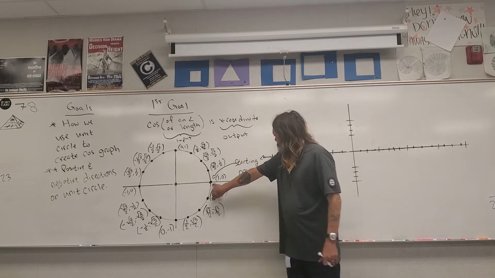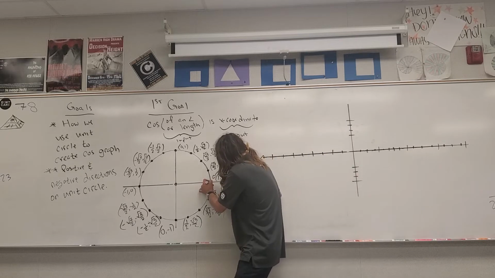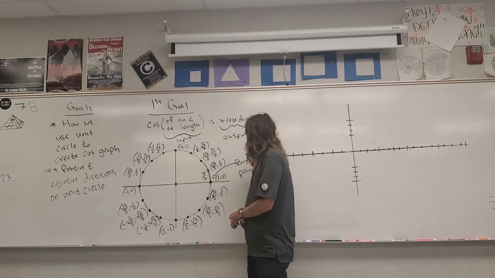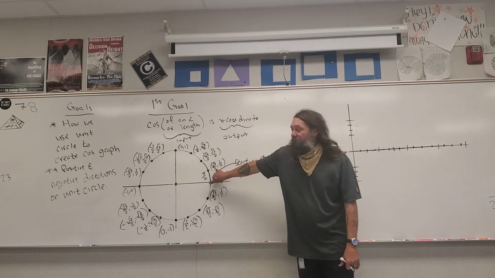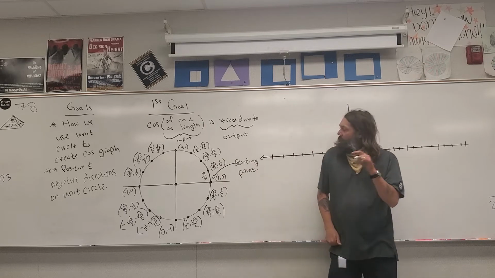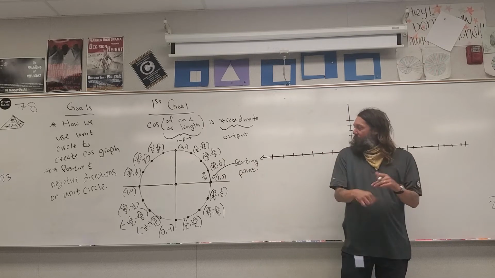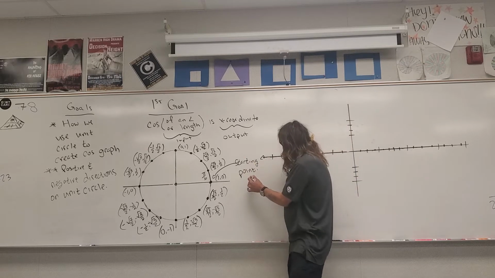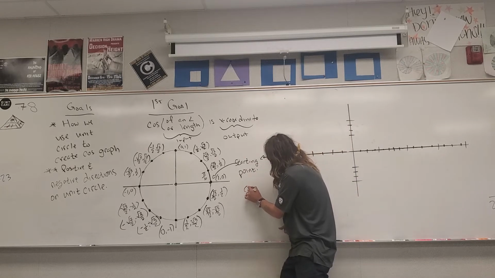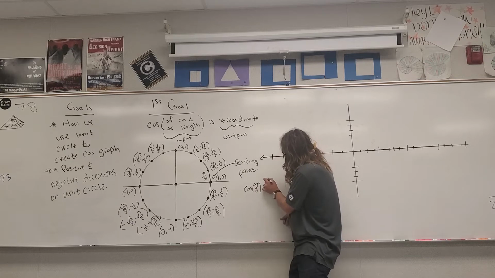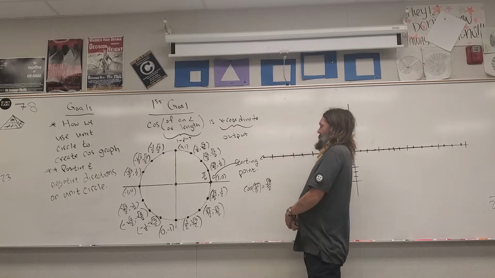And from this starting point, if I go a length of pi over 6, I get the output of square root of 3 over 2. So my input is pi over 6, my output is square root of 3 over 2. I'm going to just write that out so we can actually see it. So cosine of pi over 6 is equal to square root of 3 over 2.